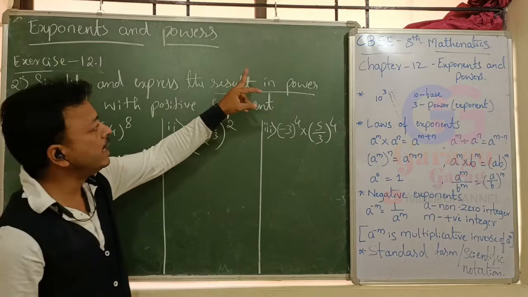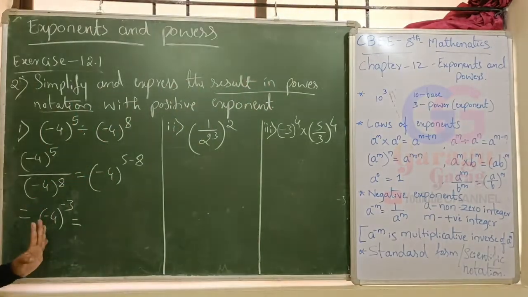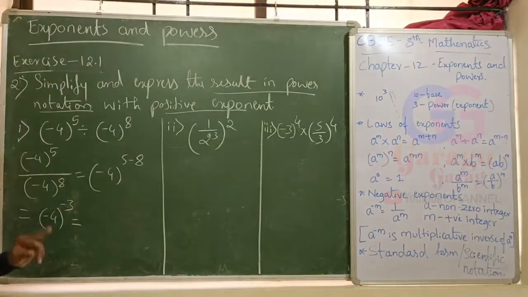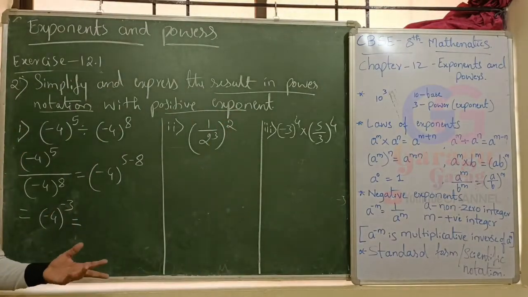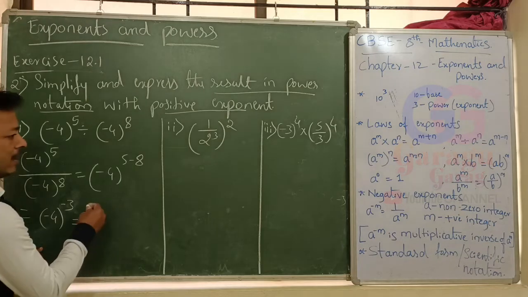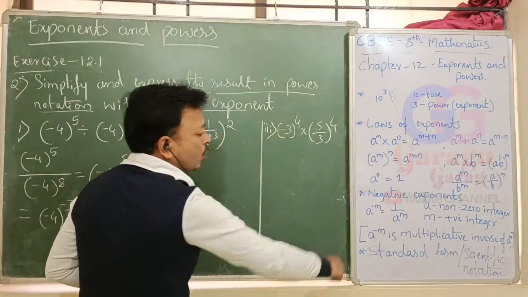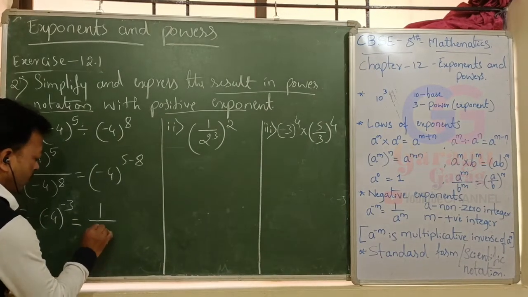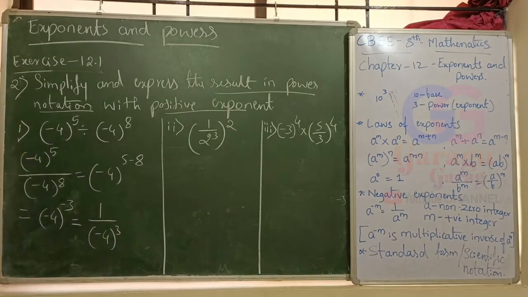They told us to write in exponent form only. Yes, it's an exponent form. Second, positive exponent. Is it a positive exponent? No, it's negative. So once again, a raised to minus n equals 1 divided by a raised to n. Minus 4 raised to minus 3 equals 1 divided by minus 4 whole cube, or minus 4 cube.